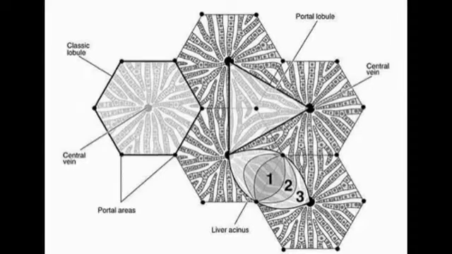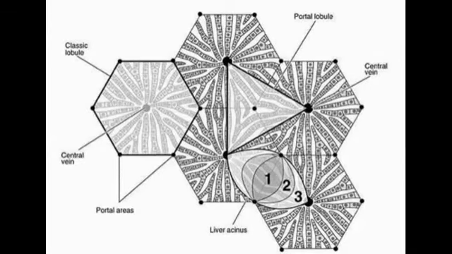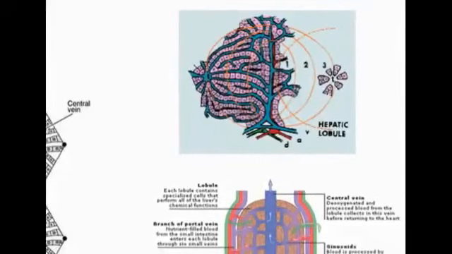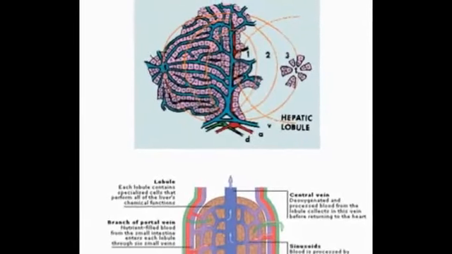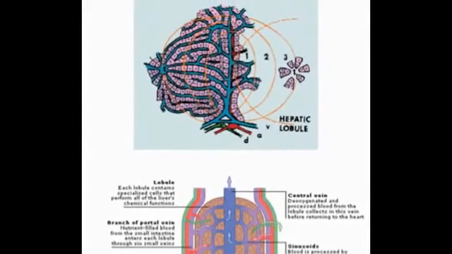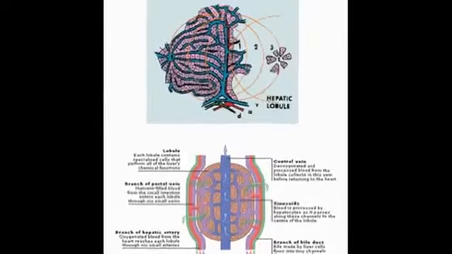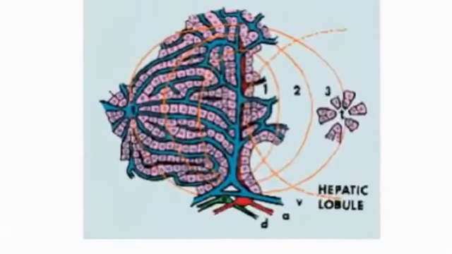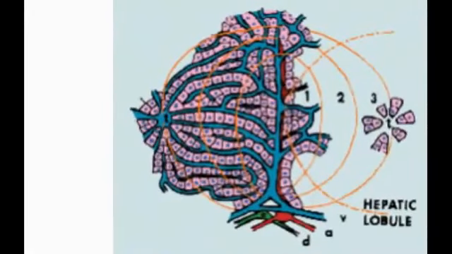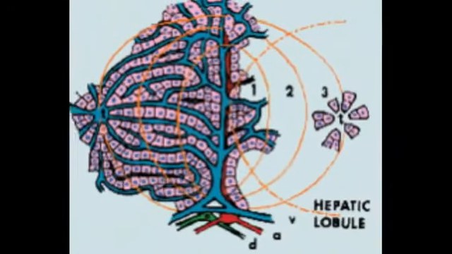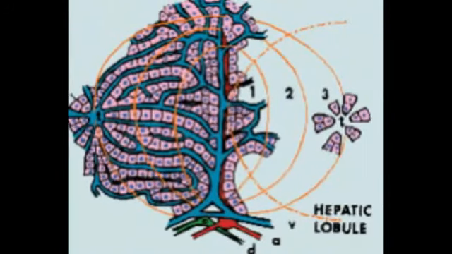And on the right side, this is actually how, if you make a cross section through the circulatory part, you see that it is the shape of a tree, and how a tree has a root, and then the root has branches, and then the branches have leaves.